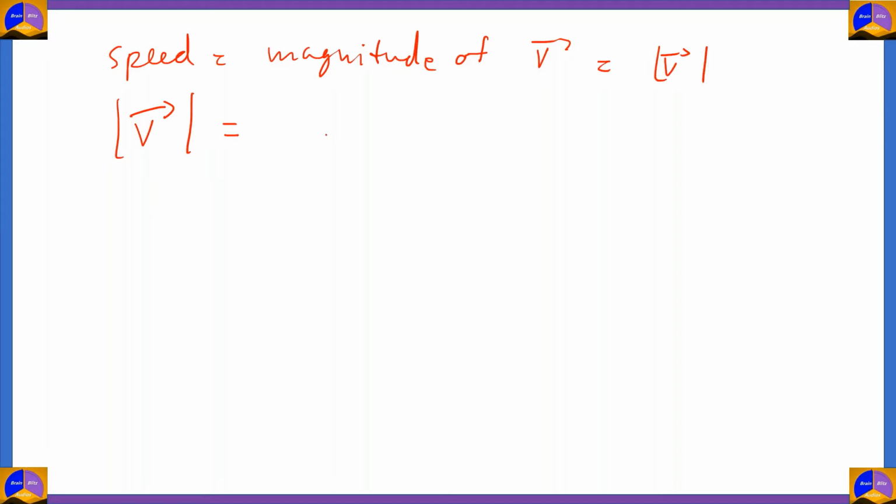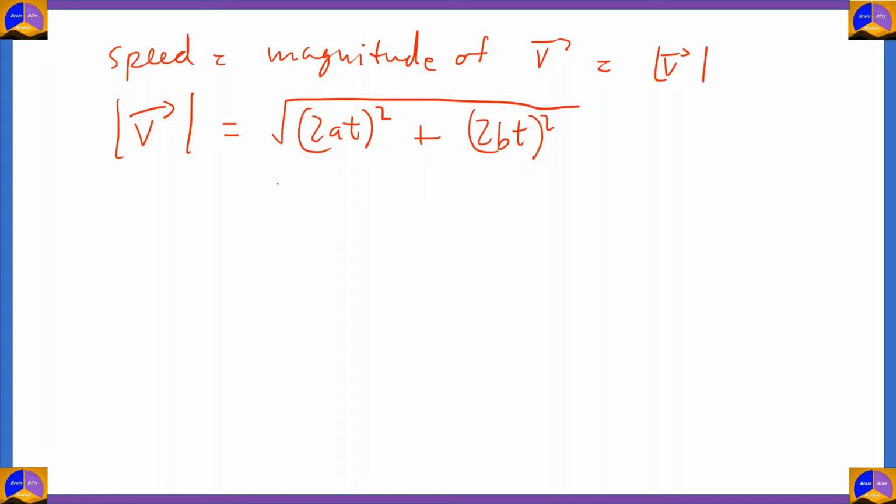The modulus of the velocity vector, which is its magnitude, will be equal to the sum of the square of the individual components, which is given under a big root. So that means the x component, 2at the whole square, plus the y component, 2bt the whole square, and that is given under a root.